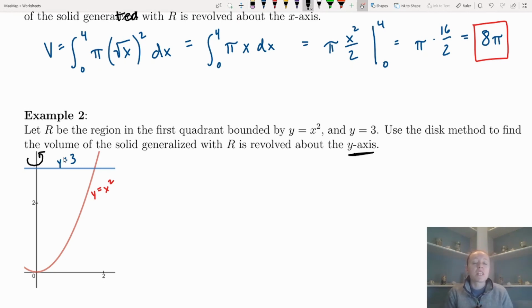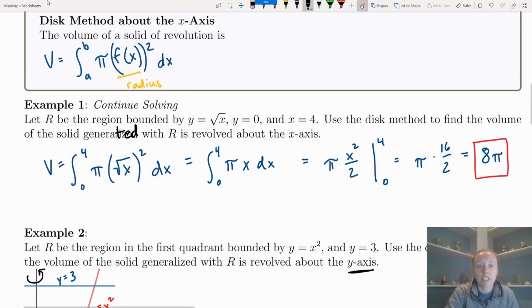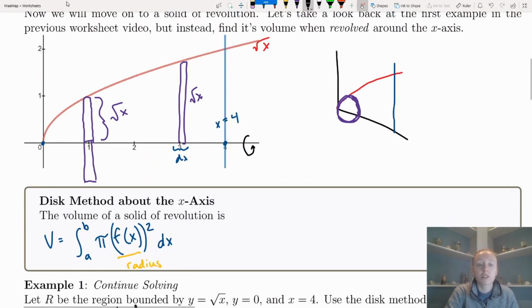Now remember, we're using the disk method. So when we draw those rectangles, we want to be forming disks. So if you look back up at this first example we did, when we drew the rectangles vertically, when we revolved those around, we got a small flat disk. If you can envision taking a pen, and that's your rectangle that we drew, and the axis we revolve it around, you can see that's going to be a flat disk when formed.